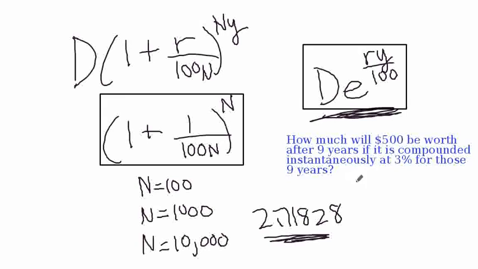You can pause the video if you like and try to set that up. What I would set up is 500 e to the 3 times 9 over 100.